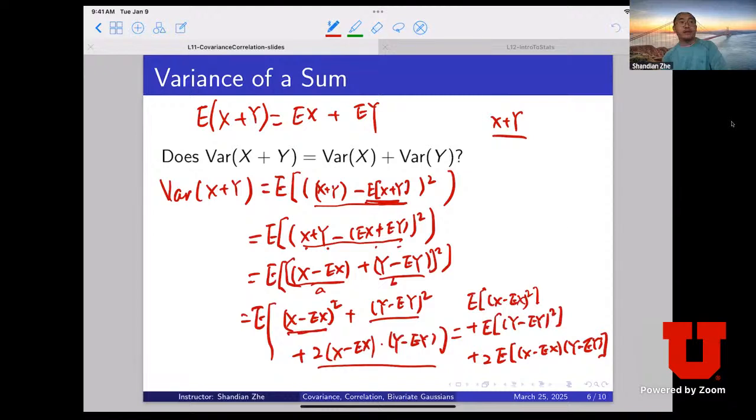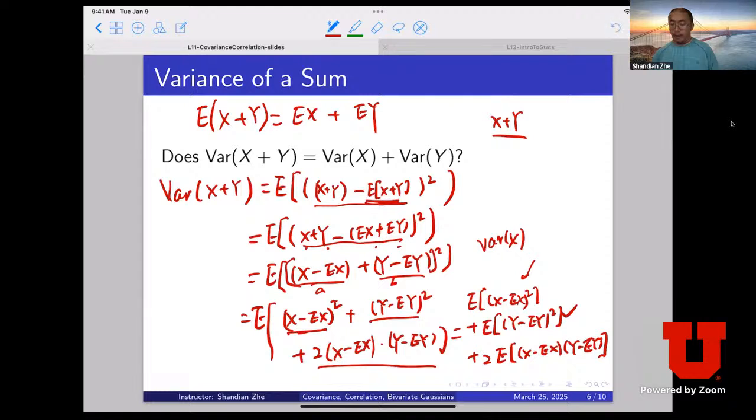It's just the application of the linearity of the expectation. So now let's see what those terms represent. What does the first term represent? Yeah, the first one is variance of x. How about the second term?